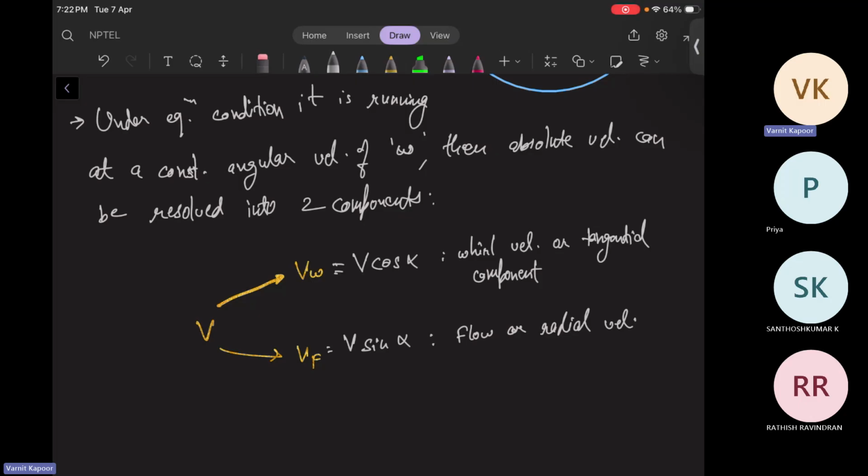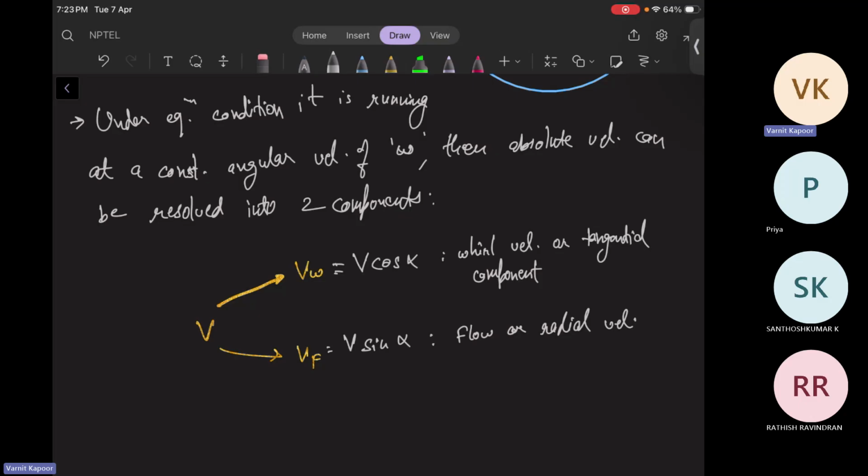So suppose you have a stone tied to a thread, and you rotate that stone. The stone constantly moving in a circular motion has an absolute velocity, and it has one tangential component and one radial component towards the center, from where you have picked it up and are rotating it.